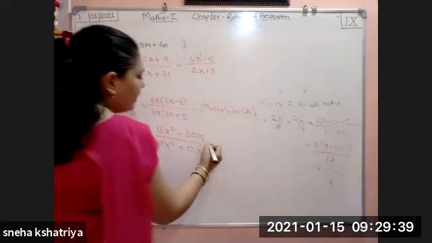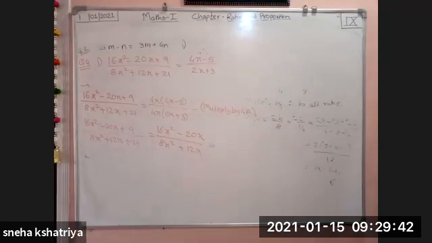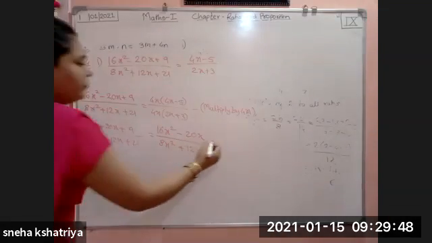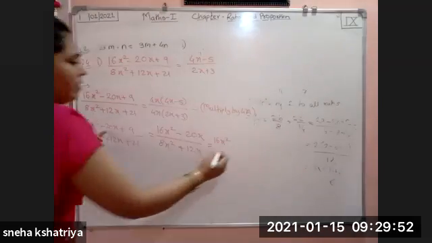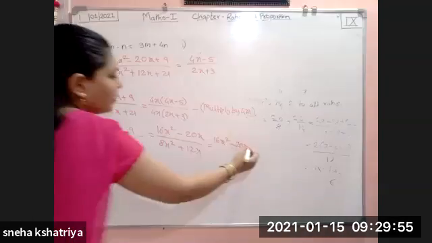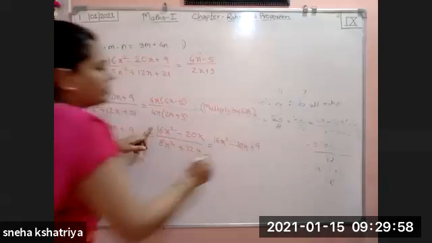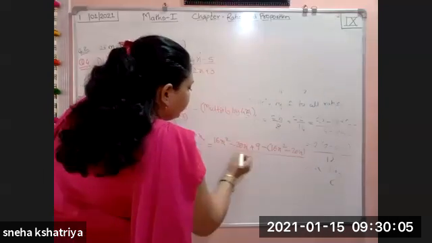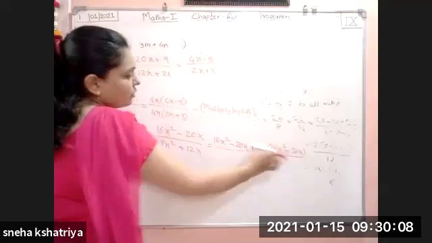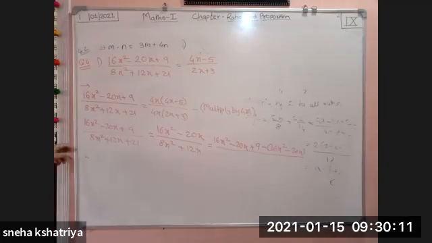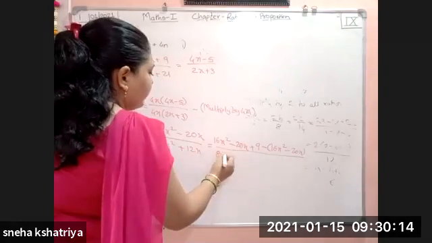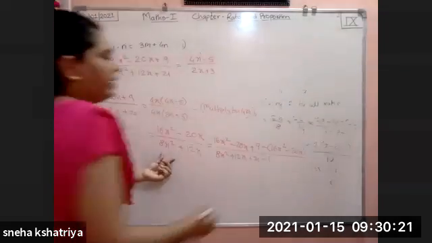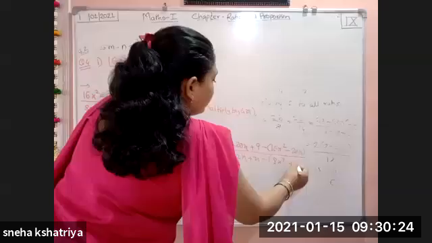So according to that, you have to put the opposite sign. At the right side, what will happen? 16x square minus 20x plus 9, put minus sign, minus 16x square minus 20x, divided by 8x square plus 12x plus 21 minus, in the bracket, 8x square plus 12x.